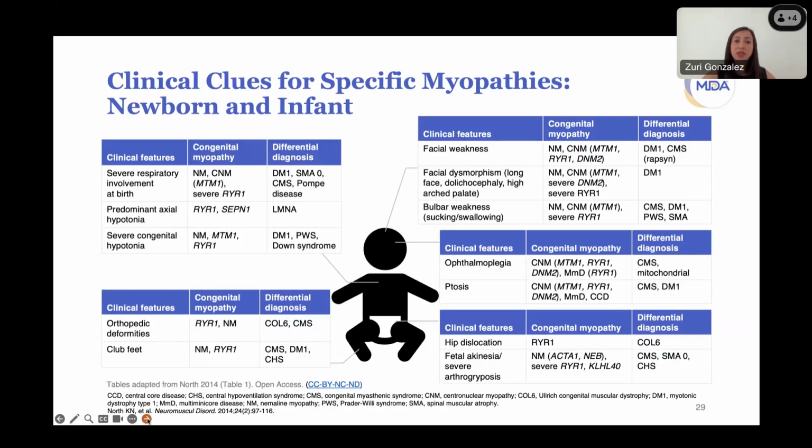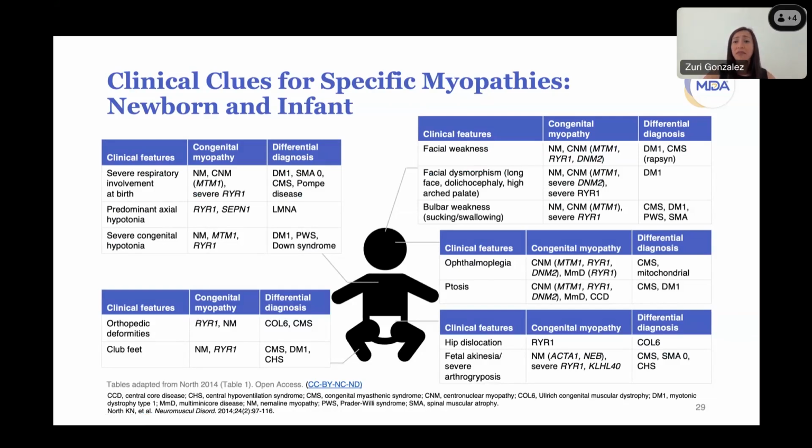There are some features that are going to be pointing us towards some specific group of genetic abnormalities in the newborn and infant, as well as in older patients. But I'm going to just highlight a couple of them. In the newborn and infant, we can see that mutations associated with RYR1 can have more orthopedic abnormalities.